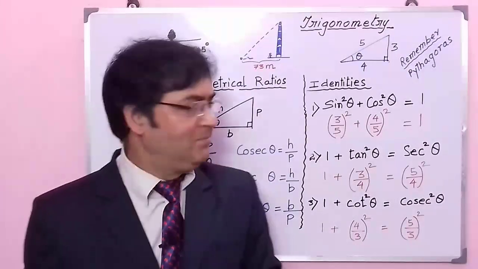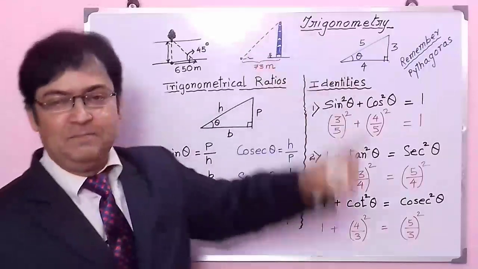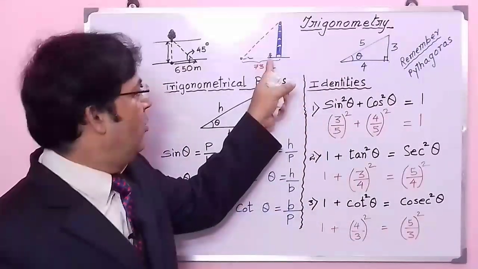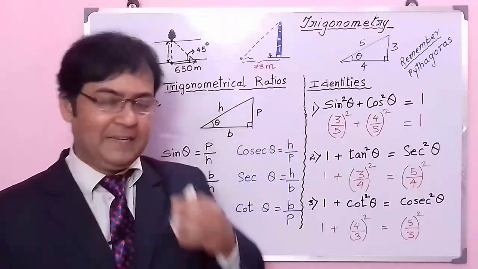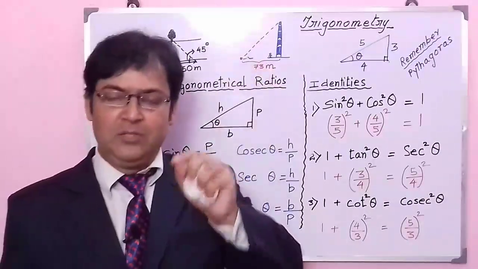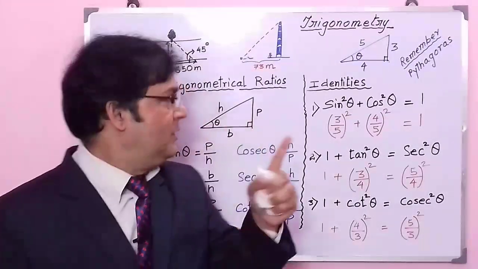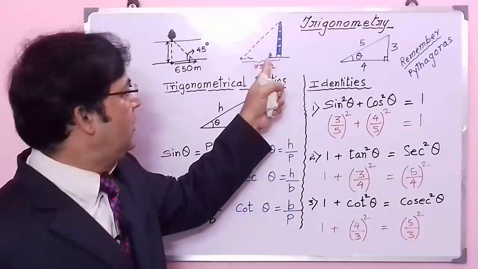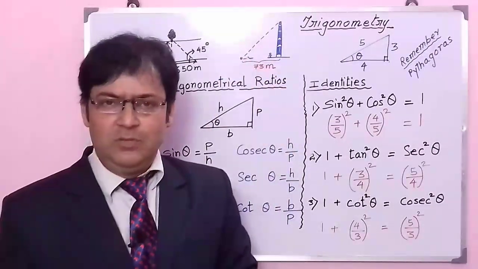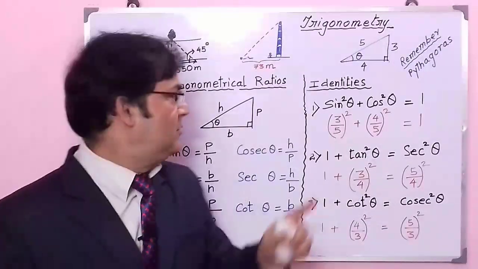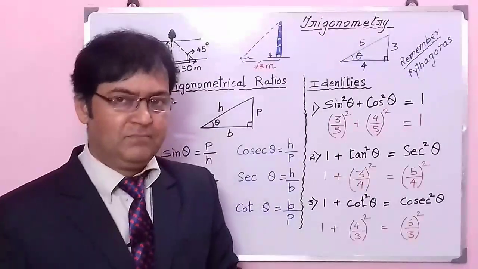Let's see the next one. Here is Qutub Minar. A boy is standing just at the base of Qutub Minar and he wants to measure the height of Qutub Minar. What he does, he walks away from Qutub Minar. He lies down on the ground to make it more accurate, and then he looks up to the tip of Qutub Minar.